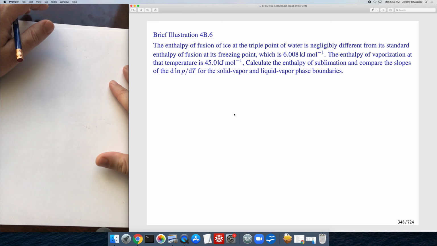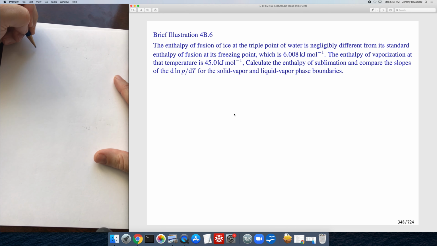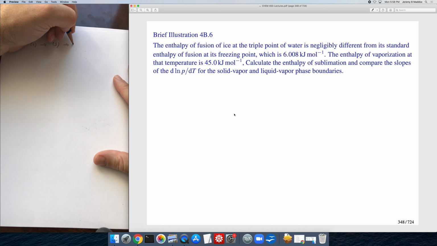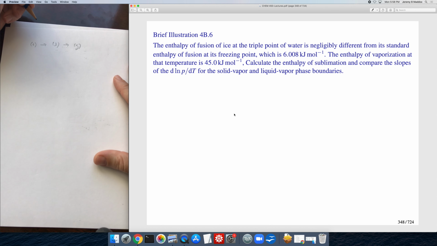curves. So first off, the thermodynamics, you can think of the transition from a solid to a liquid to a gas. And so this is going to be the enthalpy of fusion. This is going to be the enthalpy of vaporization.